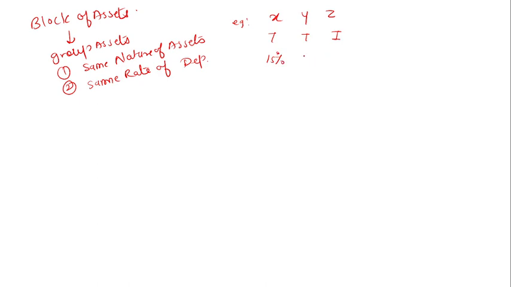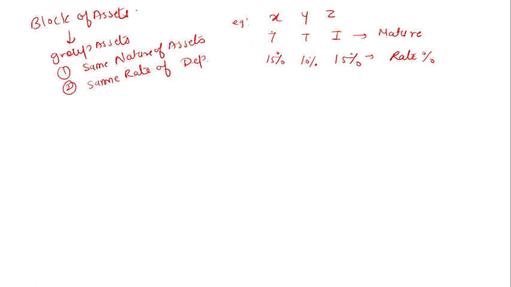In case of Y we allow 10% depreciation, and in case of Z we allow 15% depreciation. So this is the nature of asset, and this is the percentage or rate of depreciation.